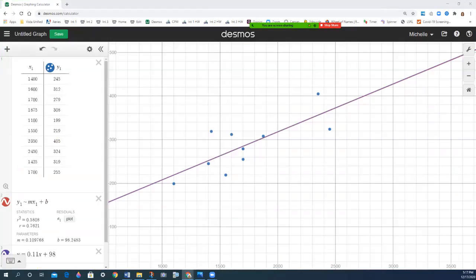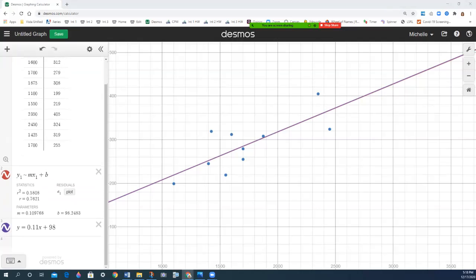If the point is above the line that we have, it's going to be a positive residual because it's actually higher than what we predicted. If it is under the line, then we're going to get a negative residual because it was less than what we predicted.